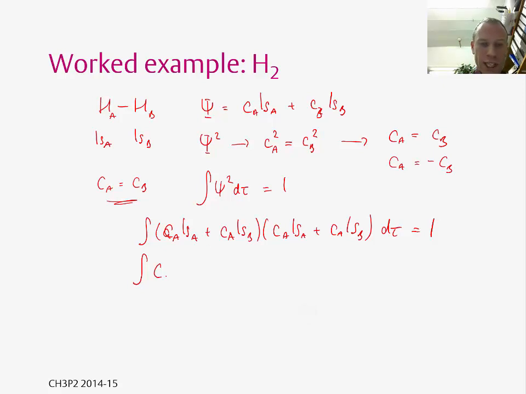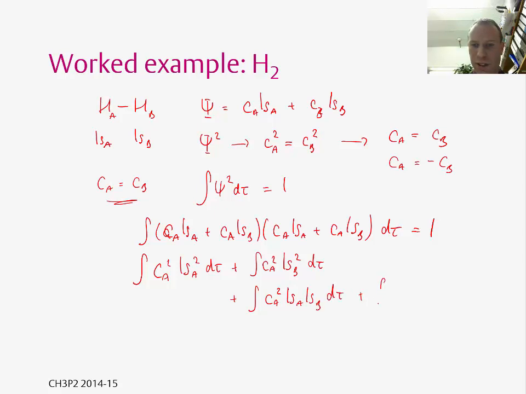So we've got the integral of Ca squared 1Sa squared d tau plus integral of Ca squared 1Sb squared d tau plus integral of Ca squared 1Sa 1Sb d tau plus integral of Ca squared 1Sb 1Sa d tau, and all of that is of course equal to 1.